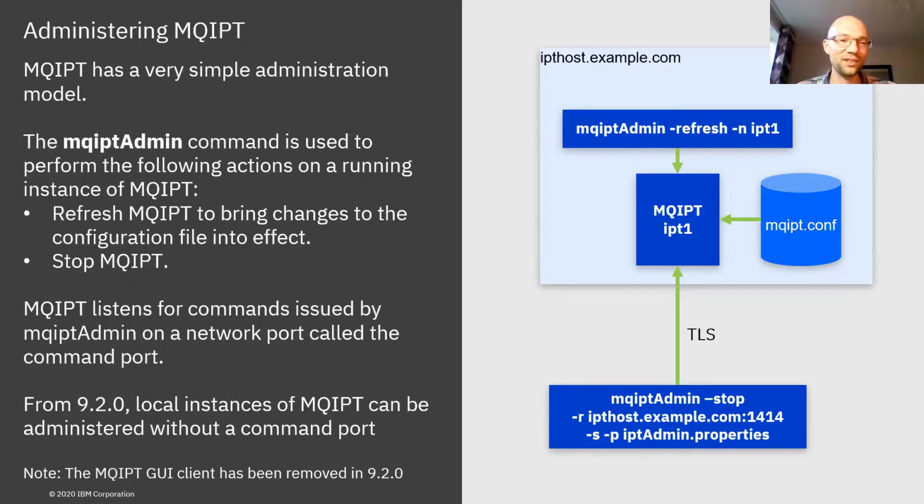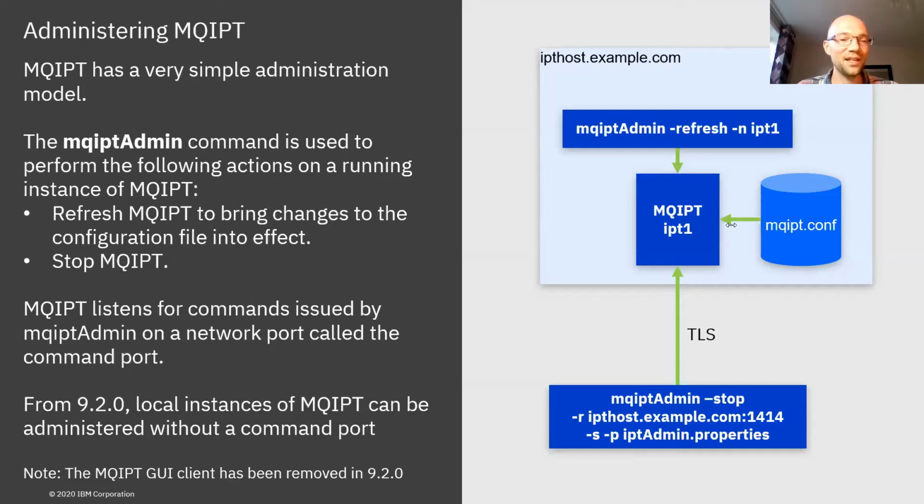You run the refresh command to do that, or you might want to stop MQIPT. Those are simply the two actions that you can perform to administer MQIPT. Now, the way that those commands get received by MQIPT was, this is something that's changed in MQ 9.2 actually.